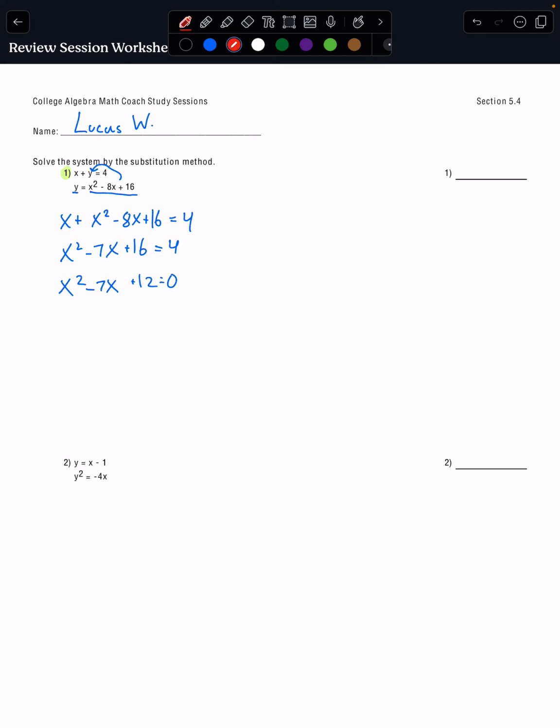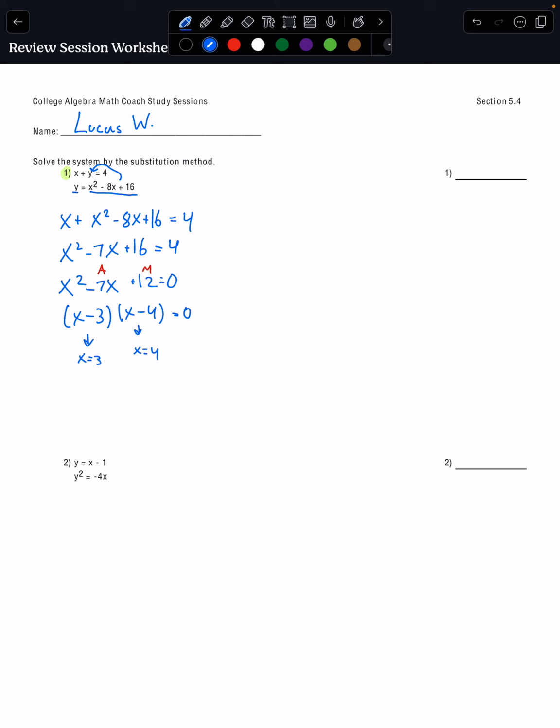Then we'll ask what two numbers multiplied give us 12 and added give us negative 7. That would be negative 3 and negative 4, which gives us x equals 3, x equals 4.